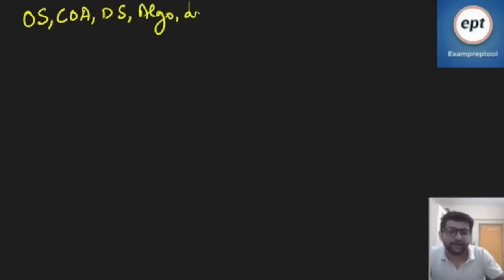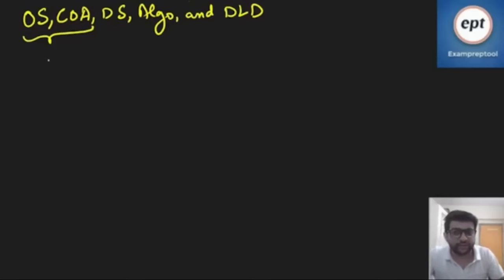So if we see the subjects in the GATE exam like operating systems, COA, data structures, algorithms, and DLD, many students are afraid of operating systems and COA.